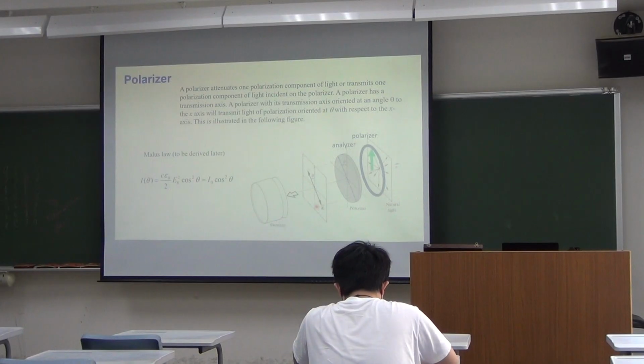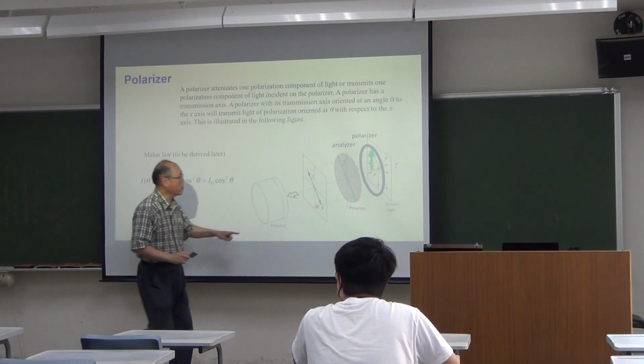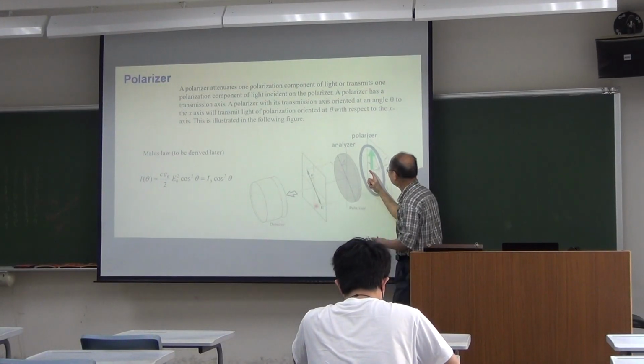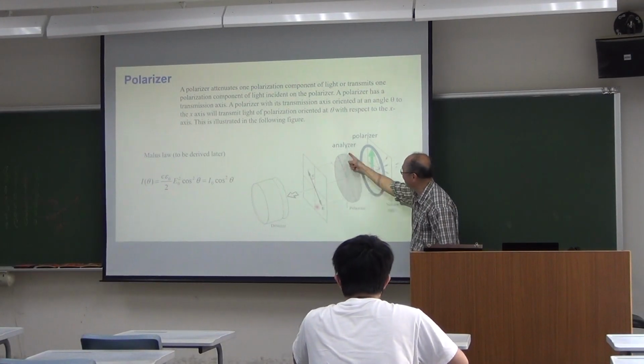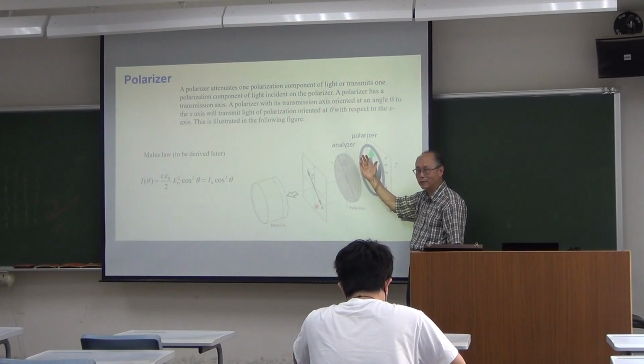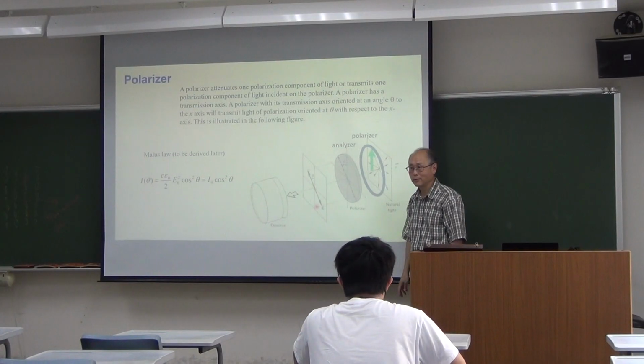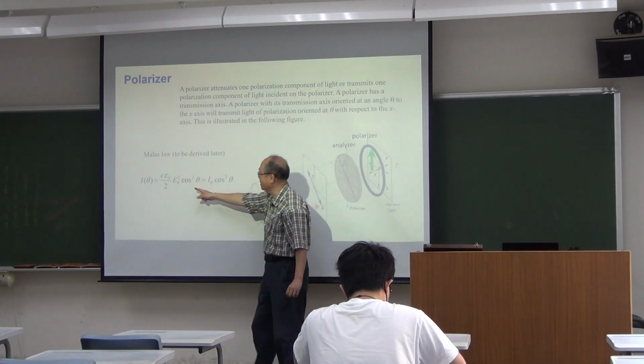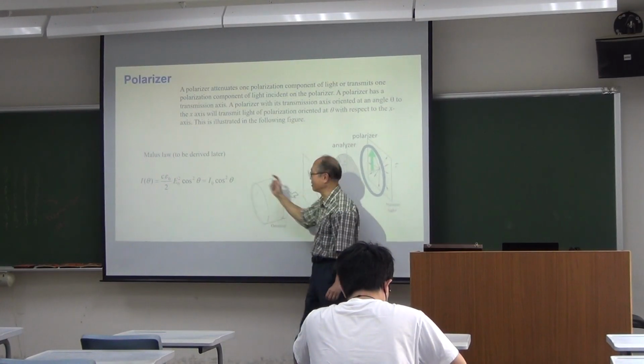It consists of long chains of polymer molecules, so there's a transmission axis for this polarizer. If you put the transmission axis of the analyzer along the polarization direction of the light, the light will just go through and give you the maximum intensity when theta is equal to 0.